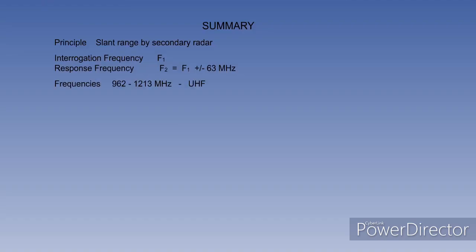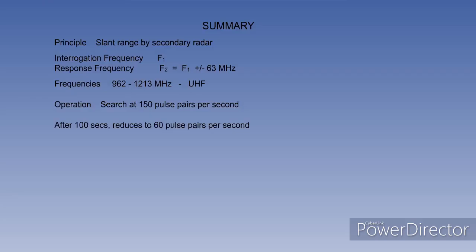The frequencies used are 962 to 1213 MHz in the UHF band at 1 MHz spacing. This provides 252 channels. The transmitter searches at 150 pulse pairs per second for 100 seconds, or until lock-on.